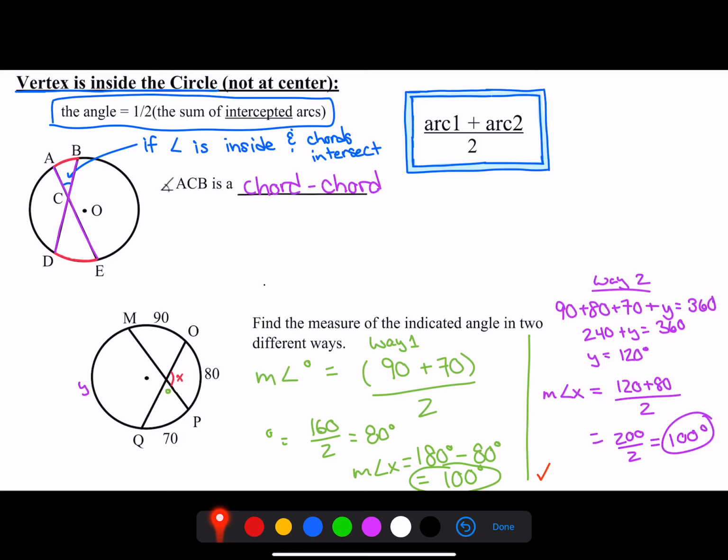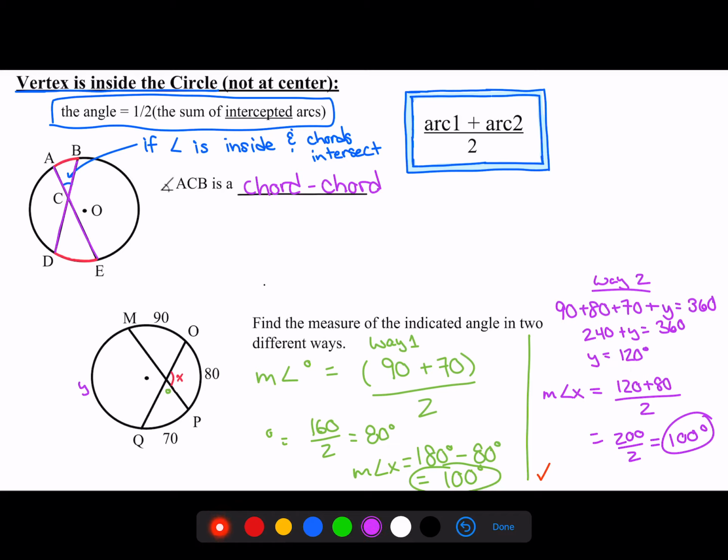For our second way, I'm going to find the measure of arc MQ, which I labeled as Y. So I have 90 plus 80 plus 70 plus Y equals how many degrees are in a circle? Well, 360. This gives me 240 plus Y equals 360, so Y is equal to 120.